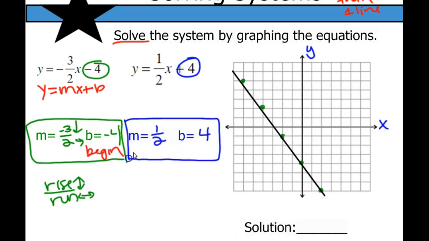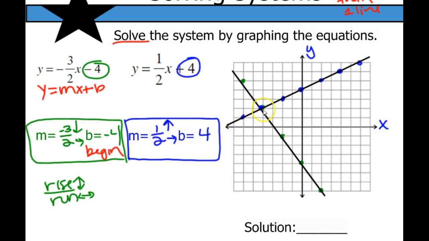This line, B is for begin on our y-axis at 4, 1, 2, 3, 4. And our slope is rise over run. Rise 1, run 2. Or the opposite, down 1, 2 to the left. Now this one you needed to go down and left because otherwise you wouldn't have been able to see where our lines cross.